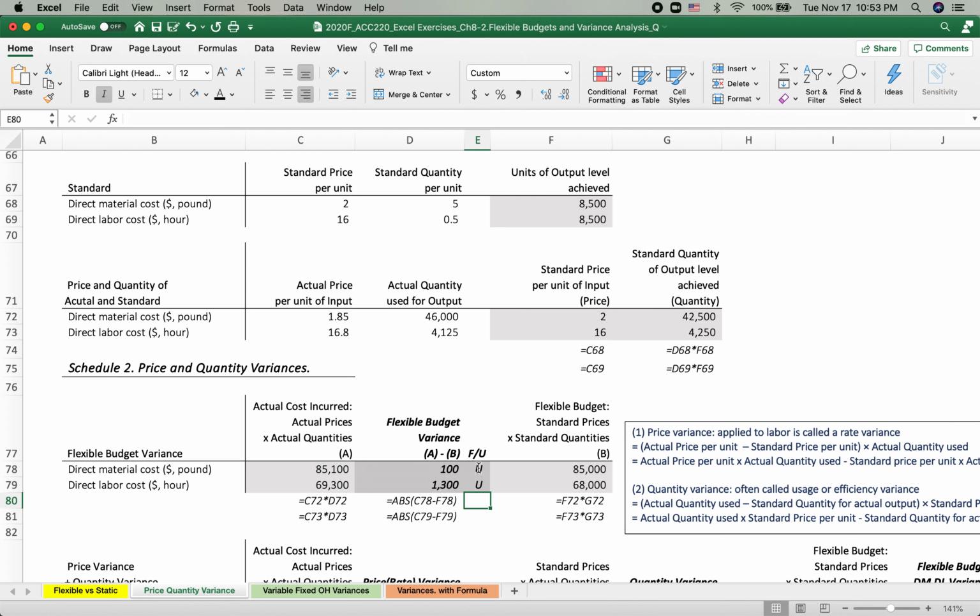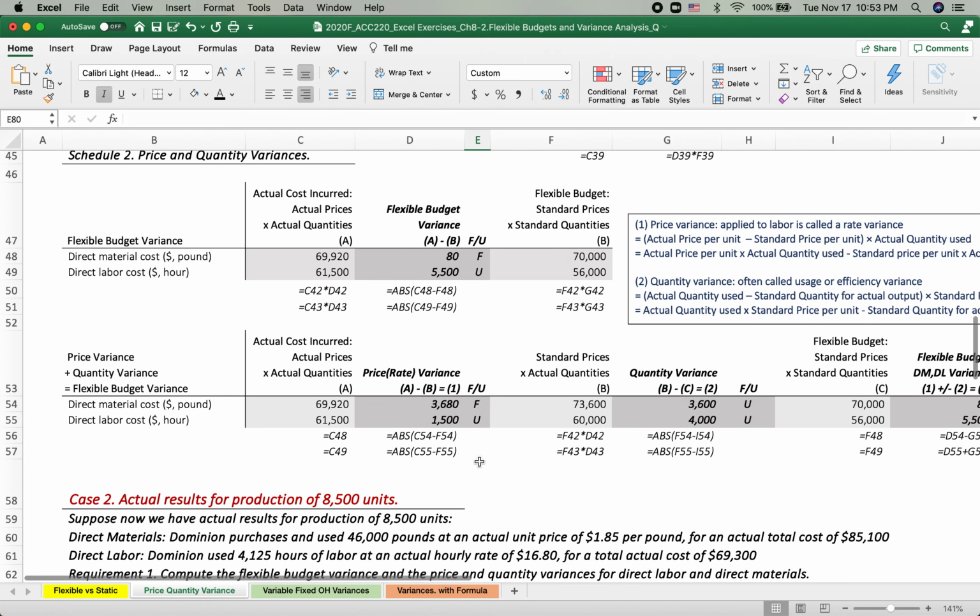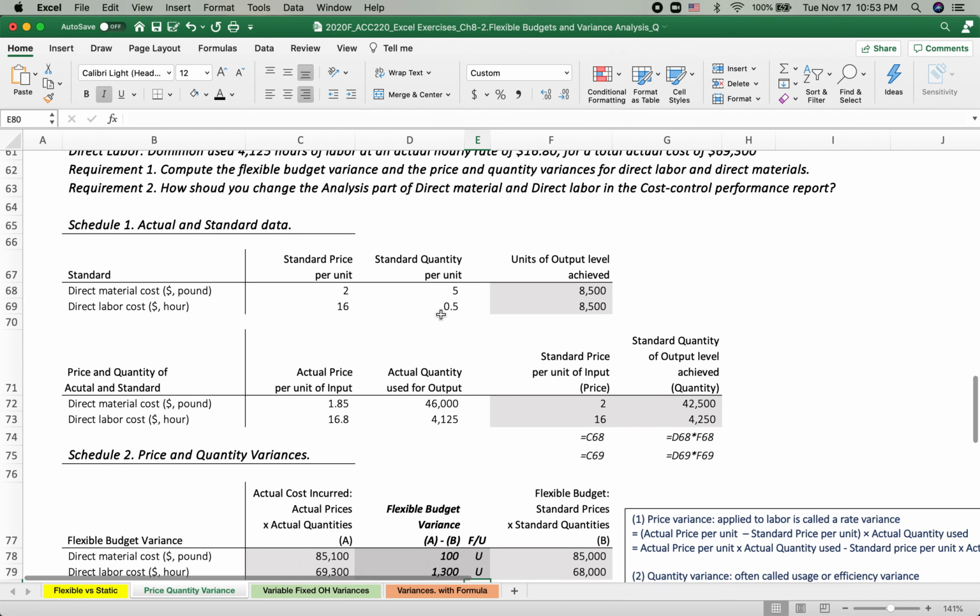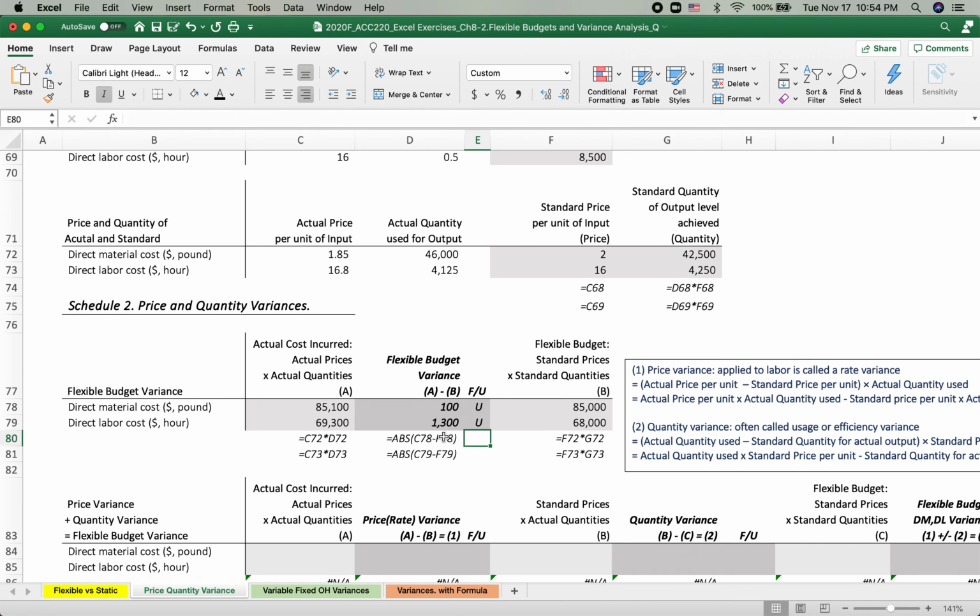Both are unfavorable. But comparing between these two cases, the total unfavorable, the sum of direct labor cost and direct material cost, is 5,420 unfavorable. Now the sum of direct material cost and direct labor got a little bit better, but it's still unfavorable.